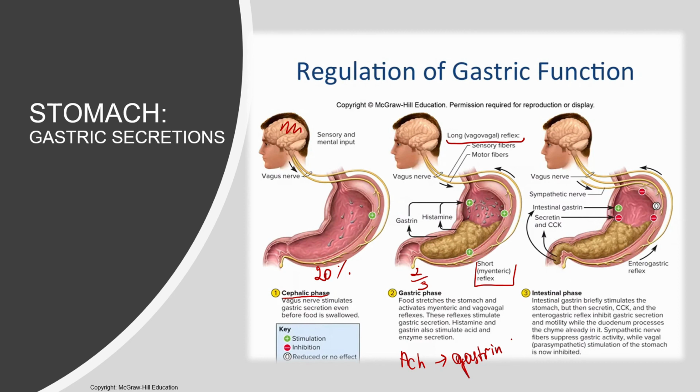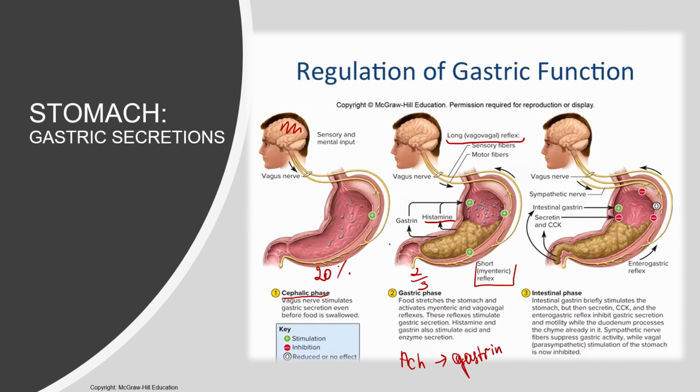But actually, gastrin secretion is also stimulated by peptides and amino acids in the stomach. Then we've got histamine. It is a paracrine secretion from the enteroendocrine cells in the gastric glands, and its main function is to excite the secretion of HCl.